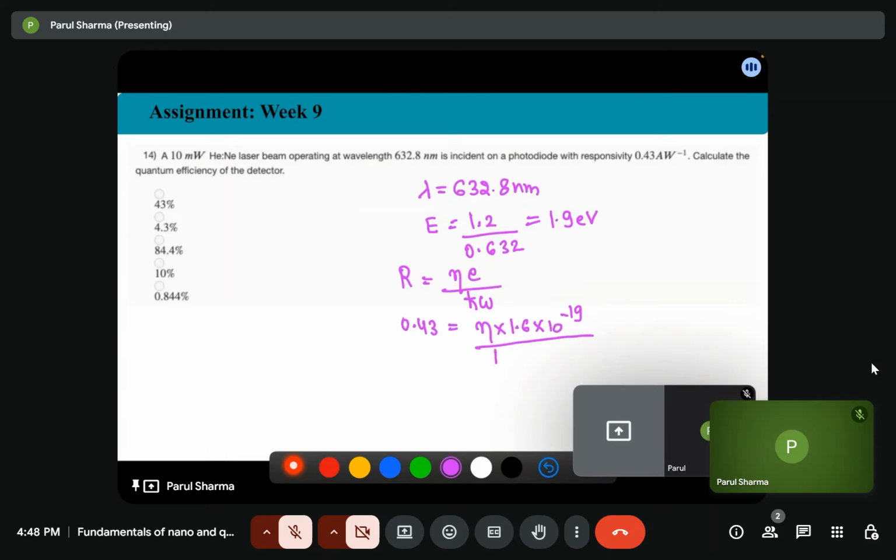So 1.9 into 1.6 into 10 raised to the power minus 19.